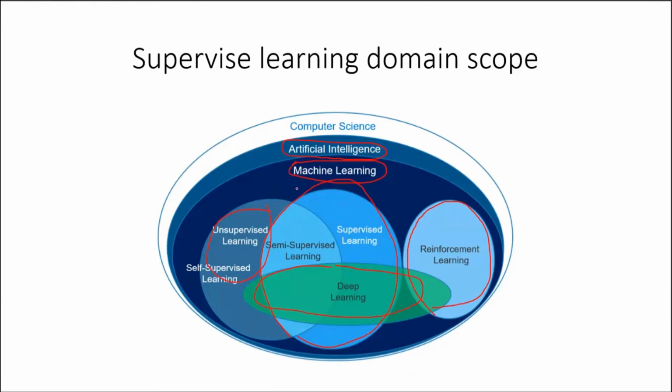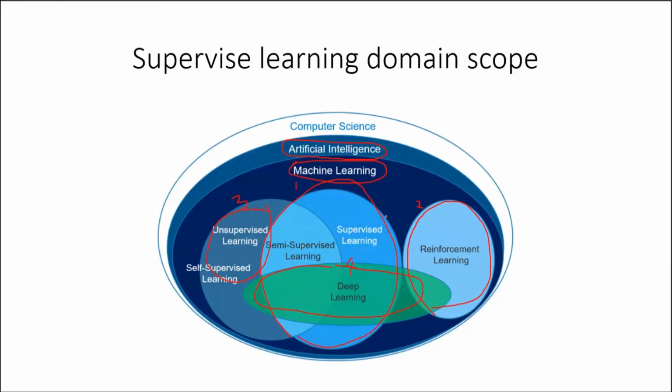So you got 1, 2, 3, and basically 4. We got supervised and unsupervised, and between these, you got supervised and unsupervised together, and you got self-supervised learning. It does it without human intervention.